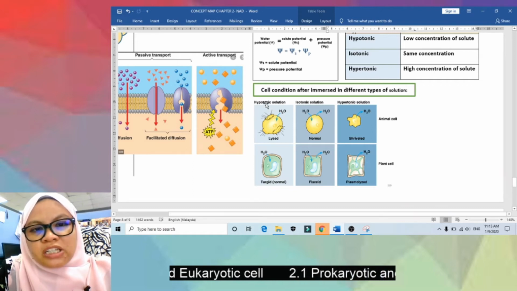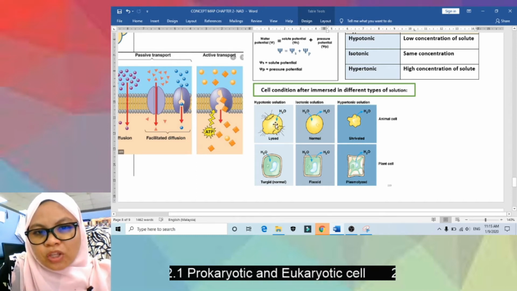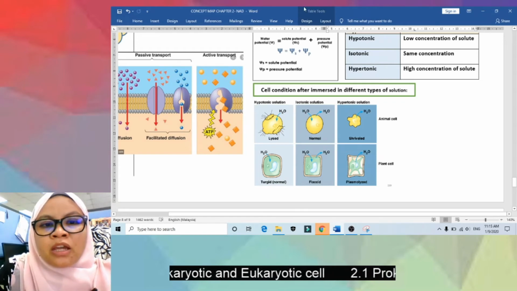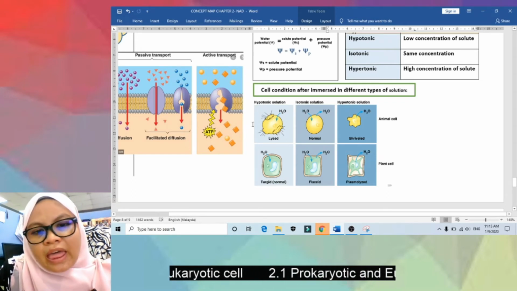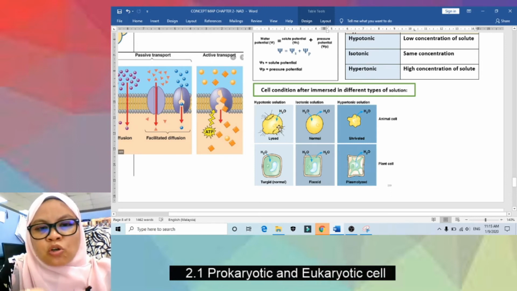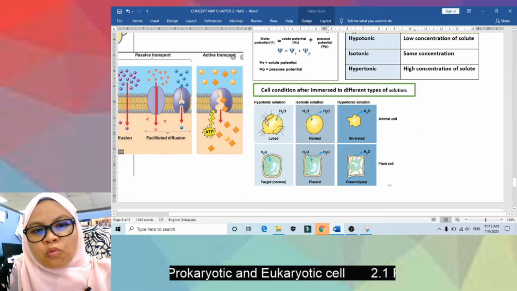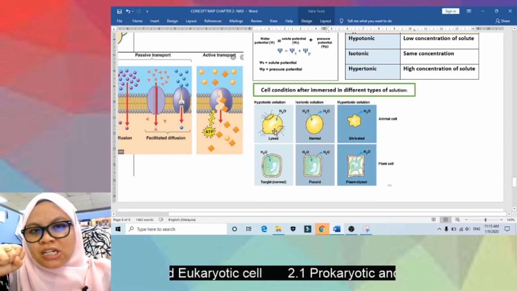So the water potential in the hypotonic solution is high compared to the cell. In terms of the osmosis concept, the water from the solution will enter the cell, because the cell has low water potential compared to the solution. So when the water enters, the cell will swell and finally burst.